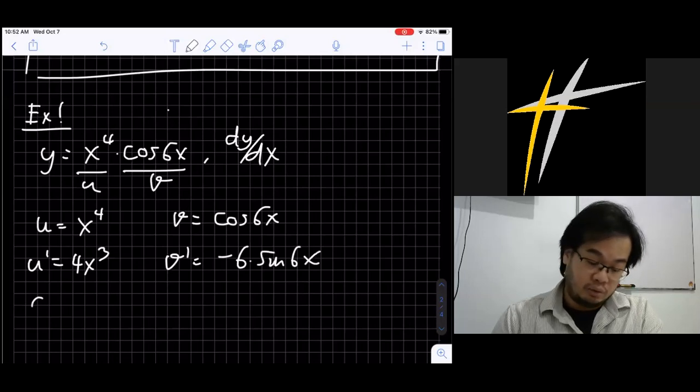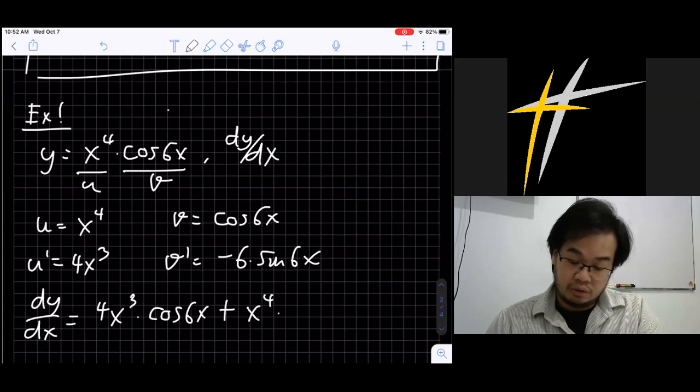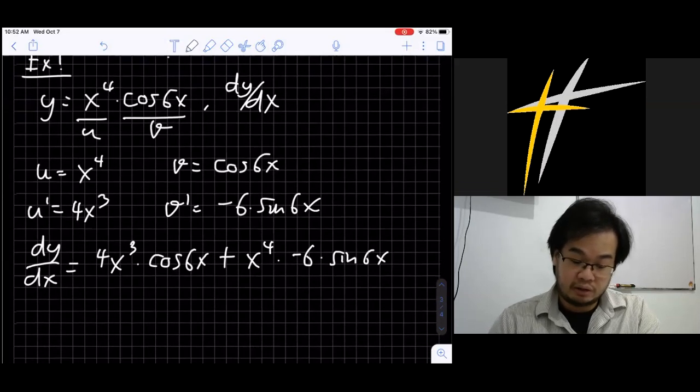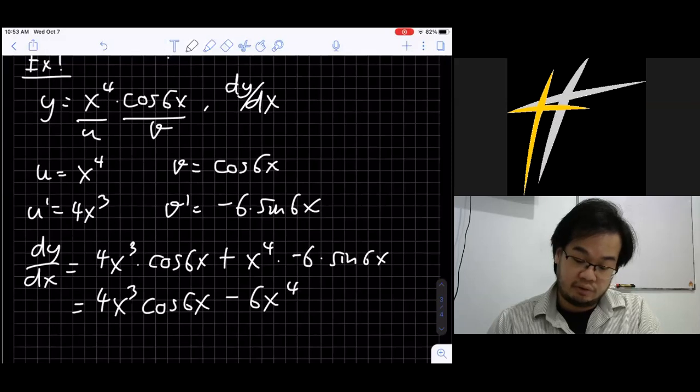Okay, so dy/dx is equal to u prime phi plus u phi prime. If we want to simplify, then it's equal to 4x cubed cosine 6x minus 6x power 4 sine 6x.